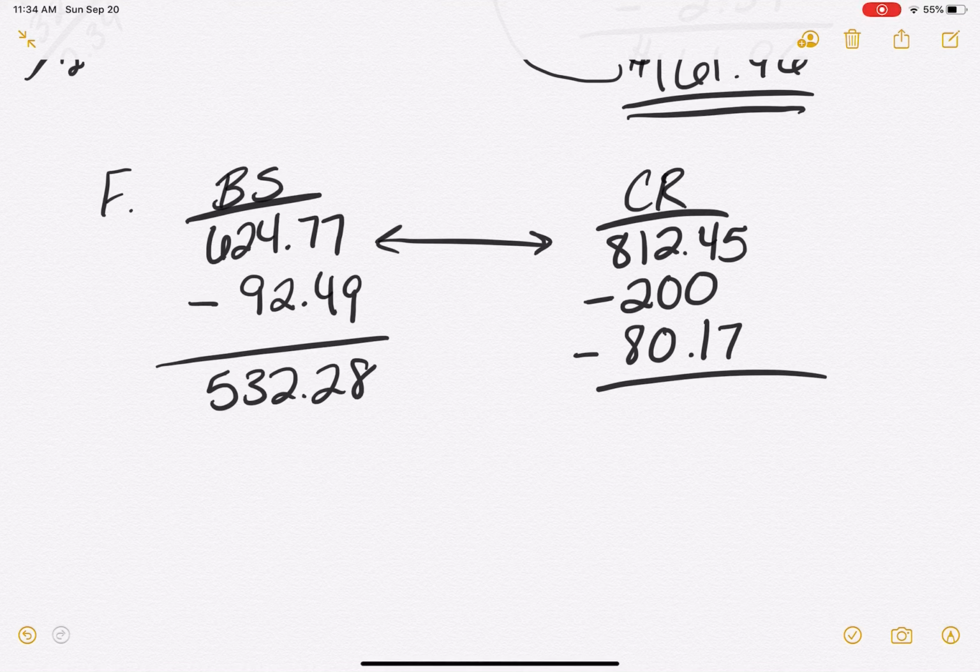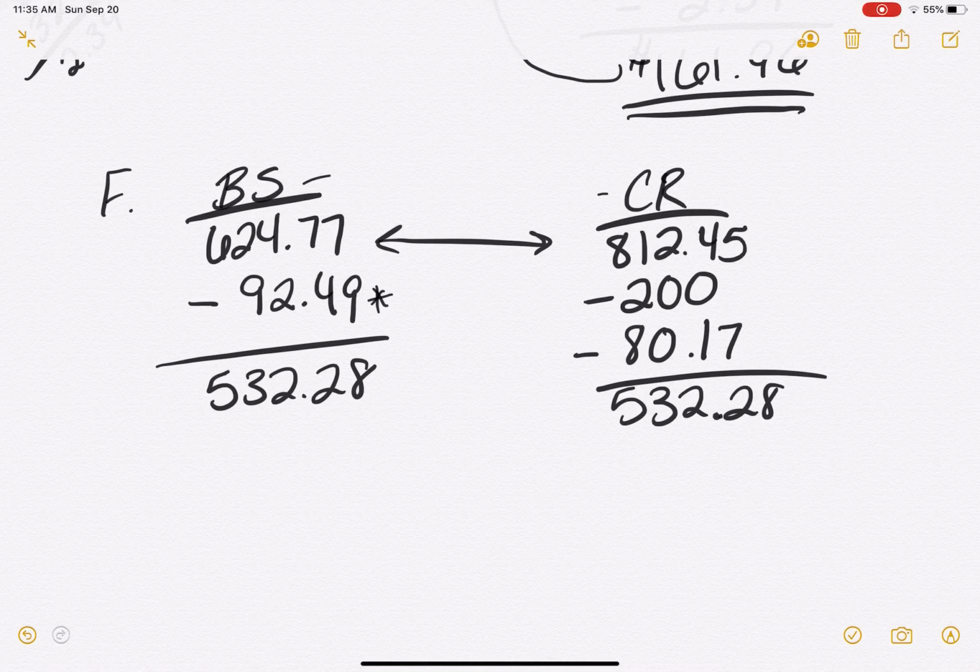And on our check register side, all right, we got it. 532.28. Now the reason I wasn't positive was this number right here, but it did say outstanding, and so therefore I know that the check register, we already knew about it, and the bank statement did not, because we wrote the check.